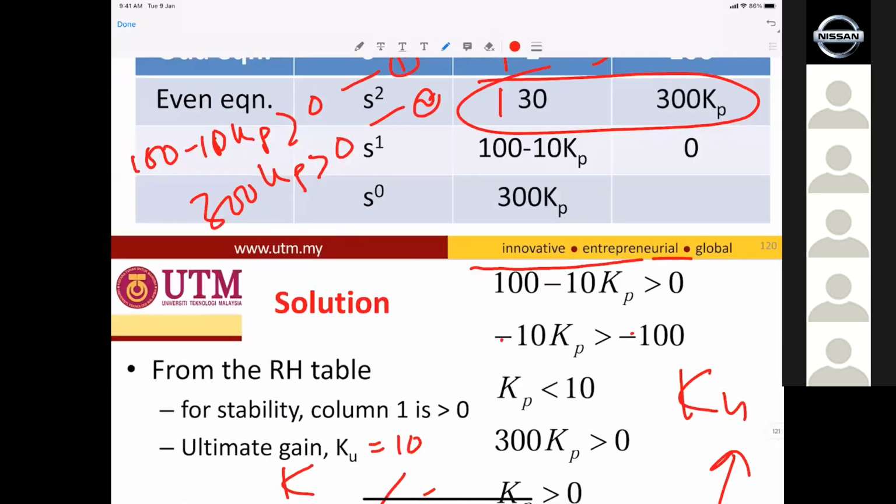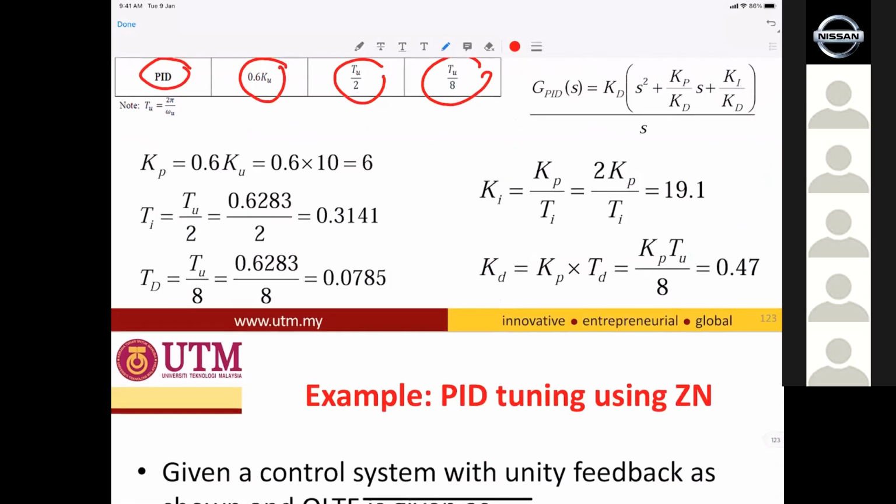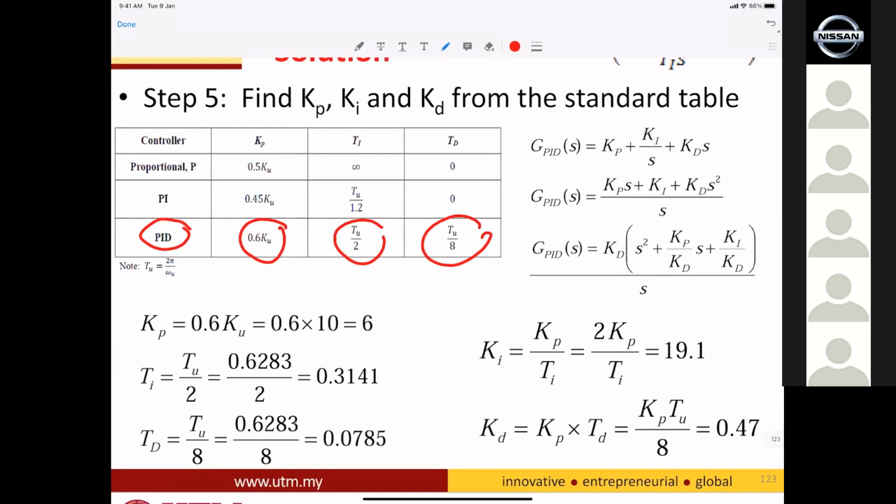So insert the value in this particular table, so you get Kp is equal to 0.6 multiplied by 10. Kp is 6. Ti is equal to TU divided by 2, so 0.6283 divided by 2, 0.314.